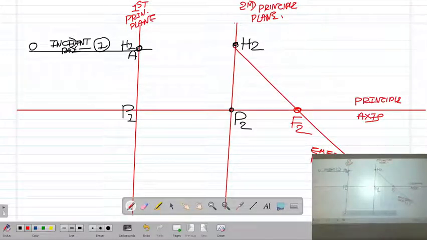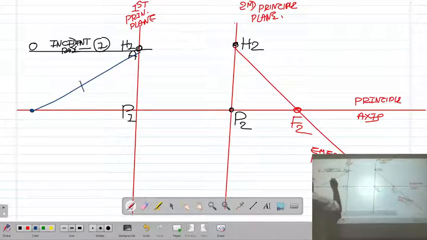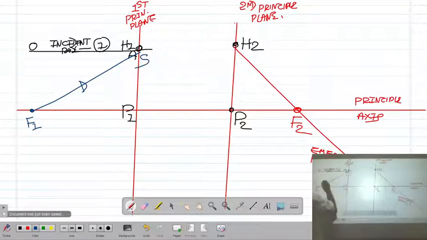Right? Next, I consider the second ray F1S. This is the second incident ray.